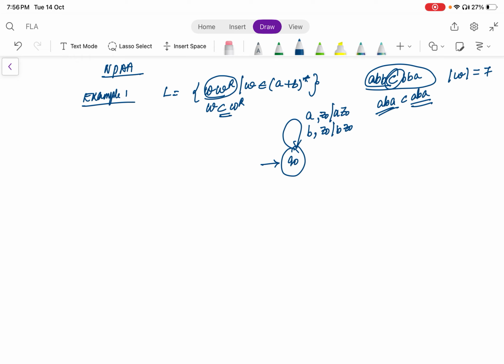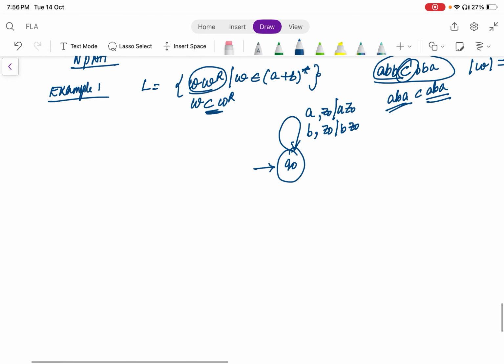Here we do not have a center marker, so how will you know that it has reached the center? In this particular example, consider it as a palindrome. They are asking you to draw an NPDA for an even length palindrome. How would you know, without the center marker, that you have reached the center?